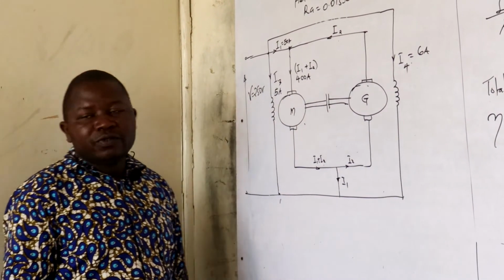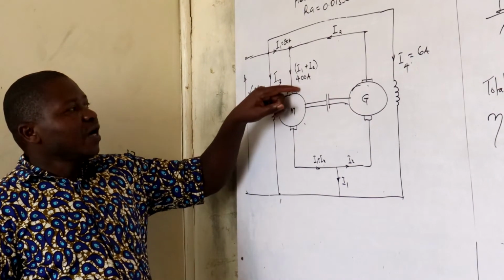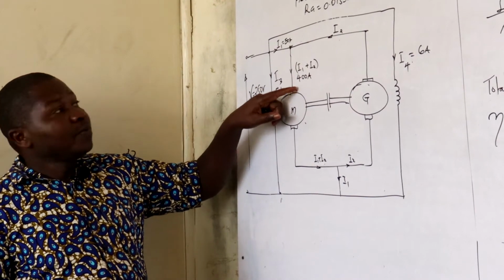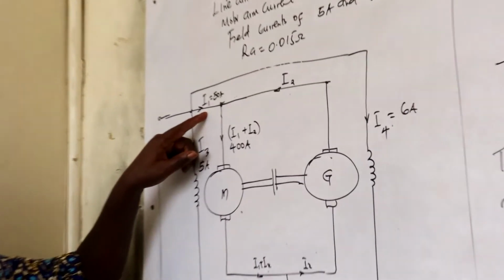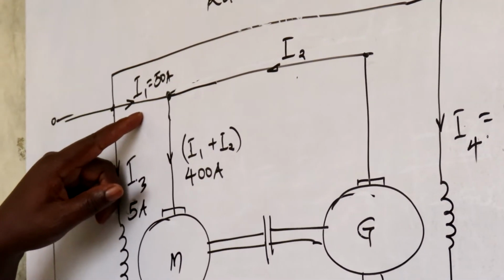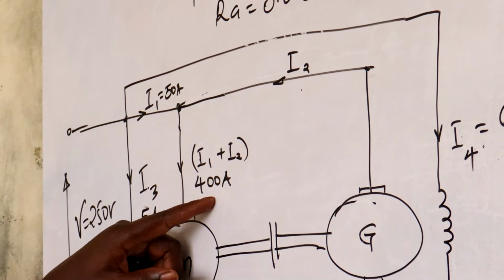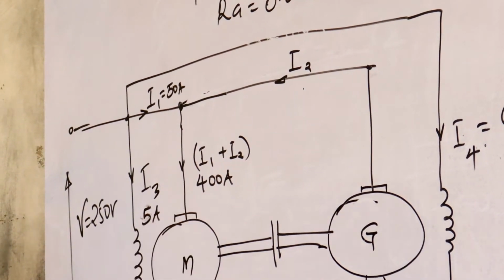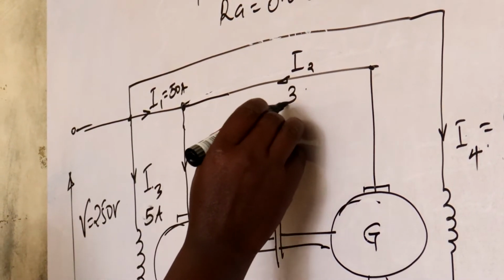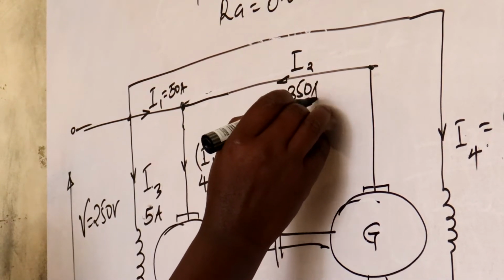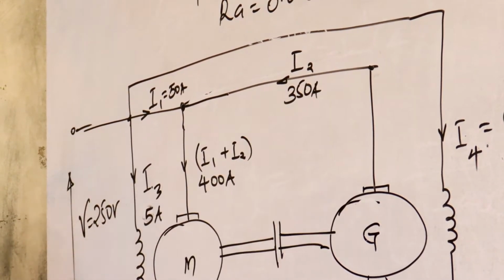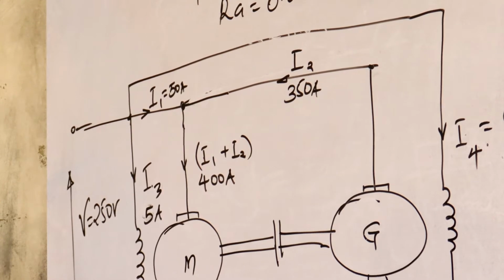There's an equation we need to do. 400 is getting inside the motor. 50 is supplied by the mains, the supply. So how much was the generator giving out of 400? 350 is the current, the current I2. So that's the argument.